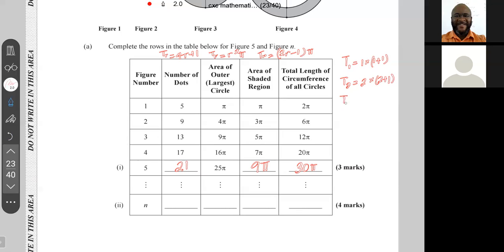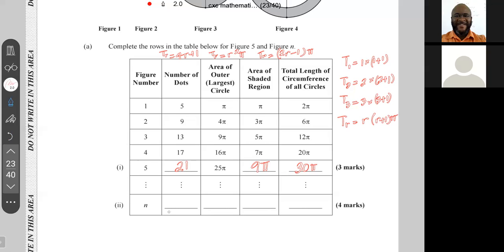T3 is 3 times 3 plus 1, which is 4, so you end up with 12. And of course, you have pi at the end. So T_r would be r multiplied by r plus 1, pi.